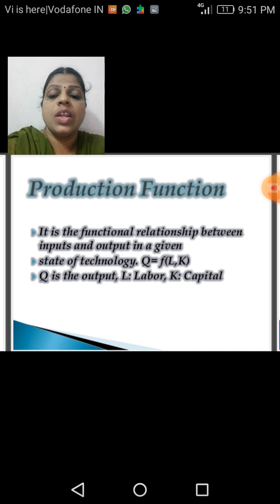In economics, the capital letter Q denotes the output, the capital letter L denotes the labor, and the capital letter K denotes the capital. So this production function expresses the relationship between the inputs as well as the outputs.